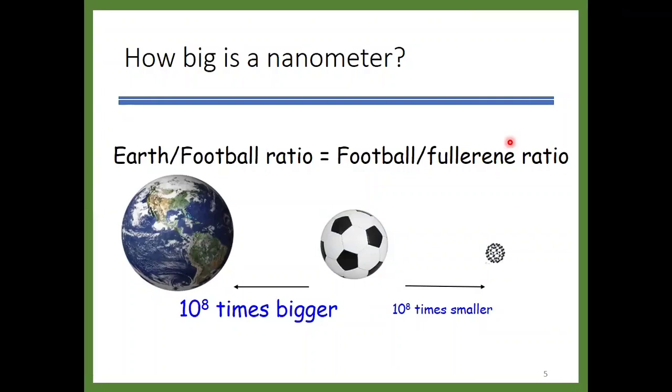Since this size scale is very small and we cannot see it with our naked eye, it's quite hard to manipulate these materials, quite hard to use. If you cannot see something with the naked eye, how can you assemble things to make useful devices?